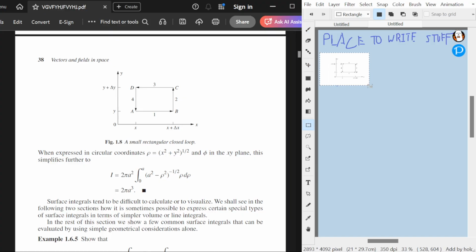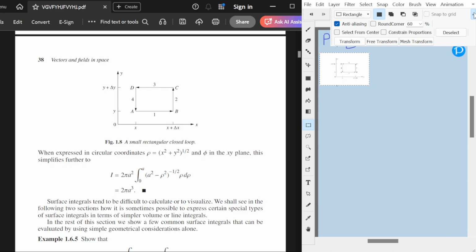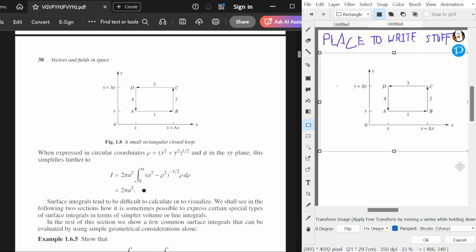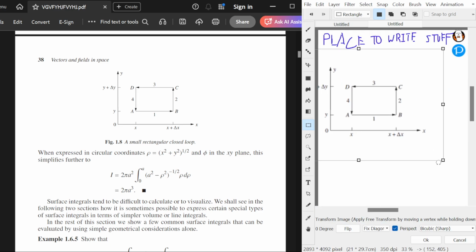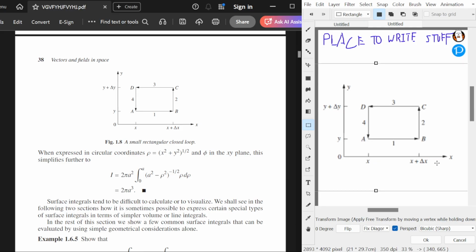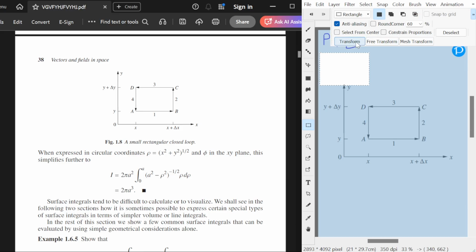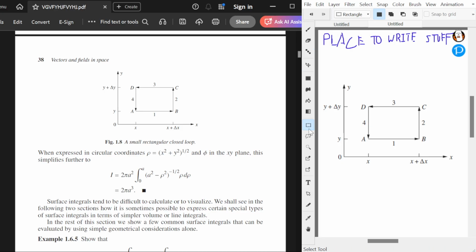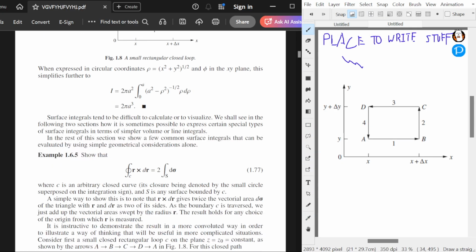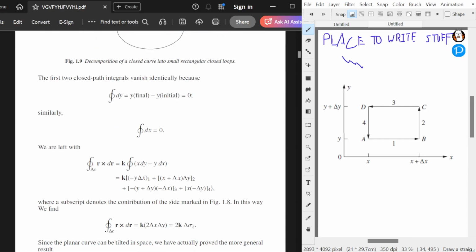Look how professional I am. Transform. Deselect. Go back to where I can draw. Yeah. Okay, let's go back.